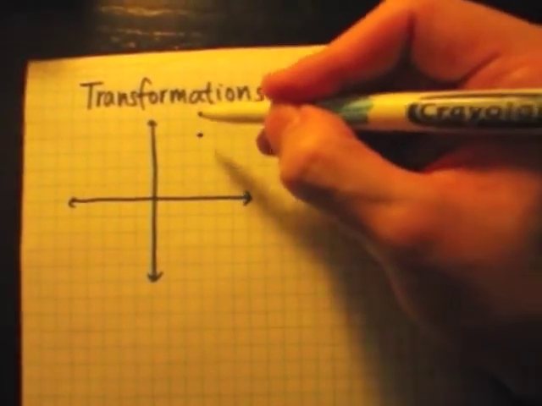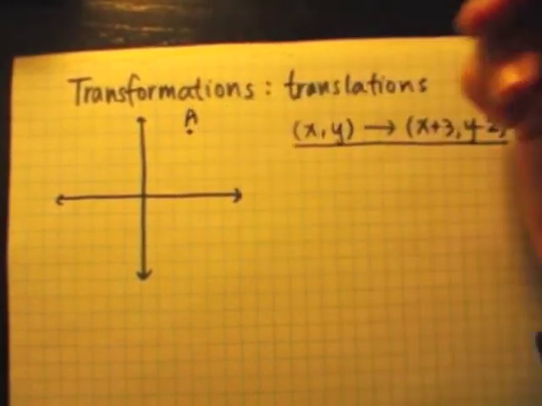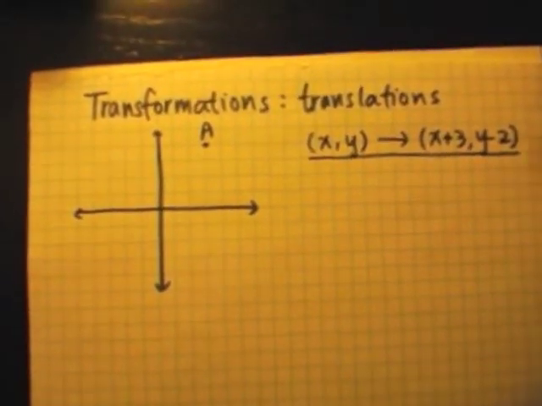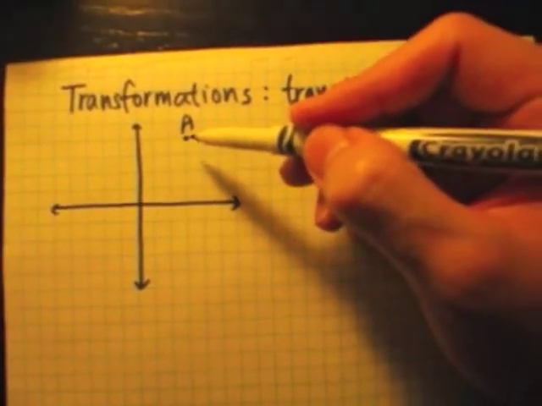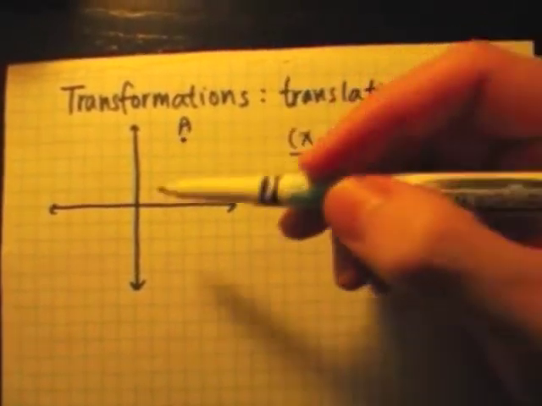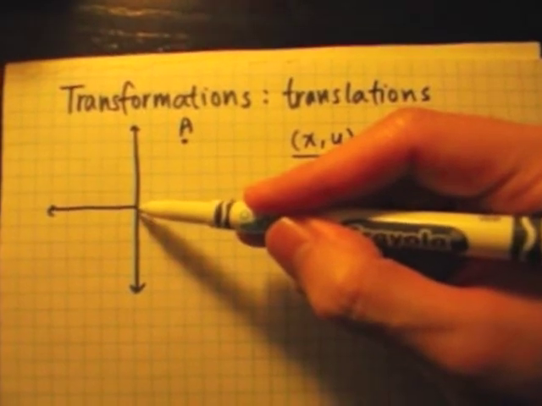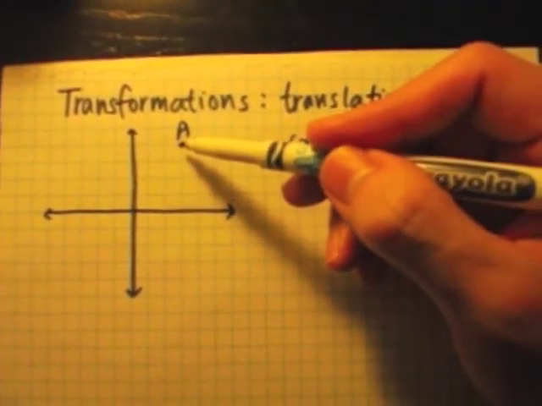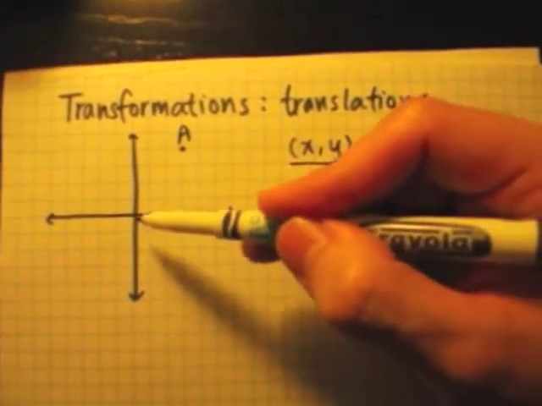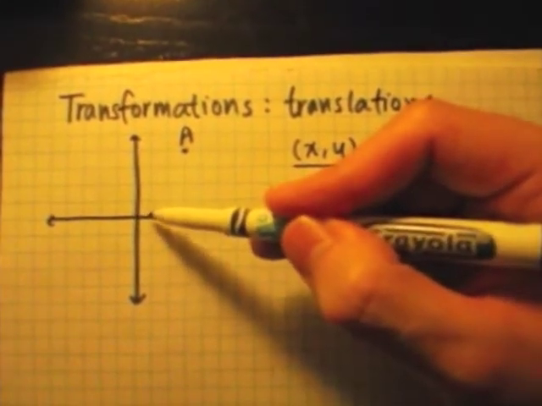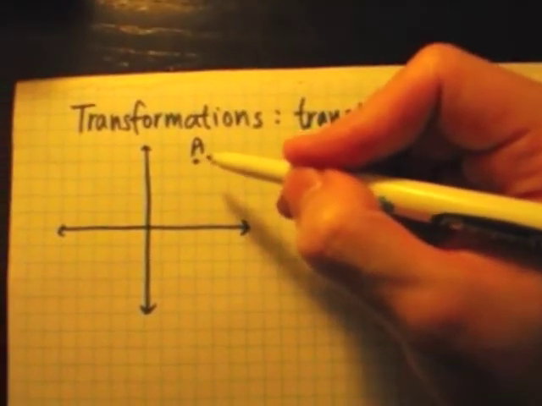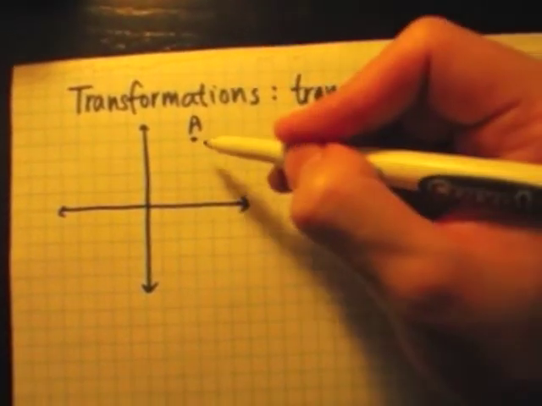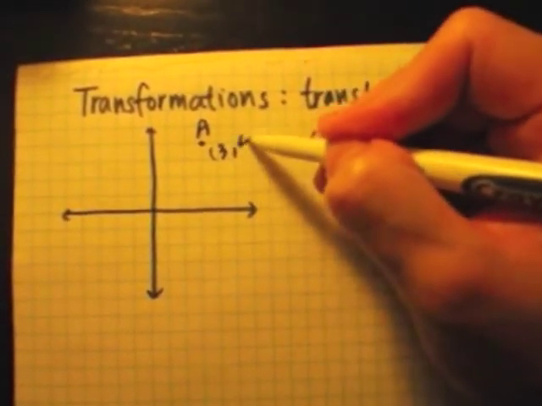Let's call this point A. In order to find the point A prime, we need to identify what coordinate A is. I'm going to start from the origin. I go 3 to the right, 1, 2, 3, and I go 4 units up, 1, 2, 3, 4. So this point has the x coordinate of 3 and the y coordinate of 4.